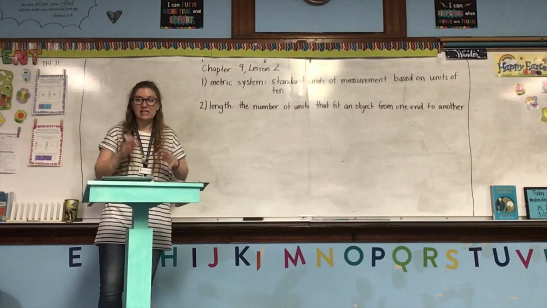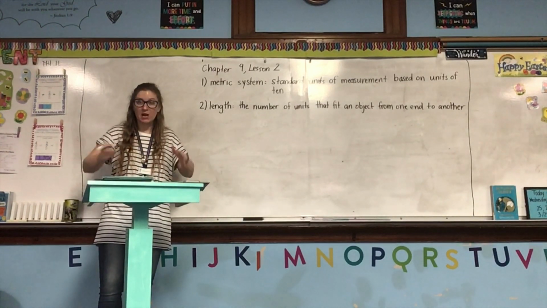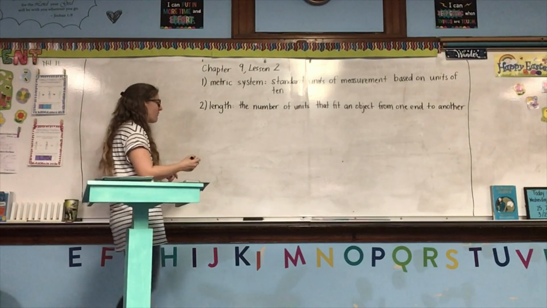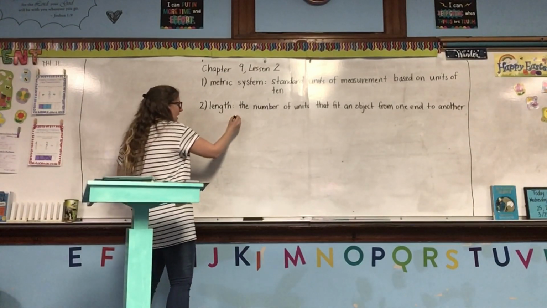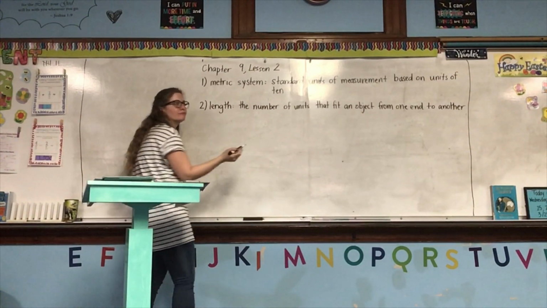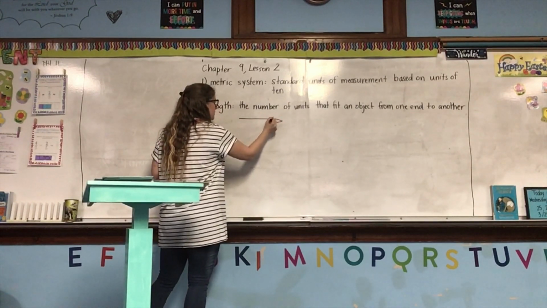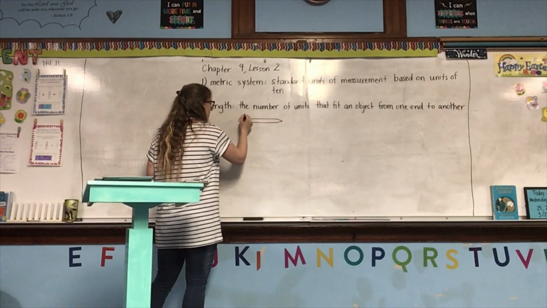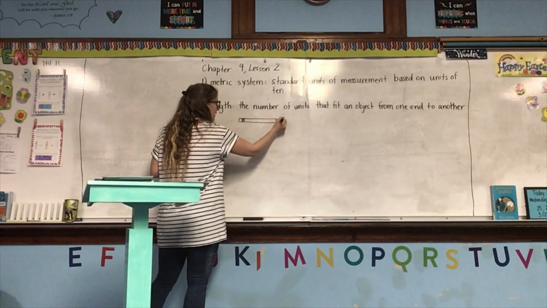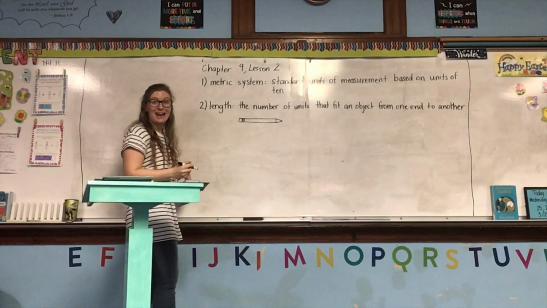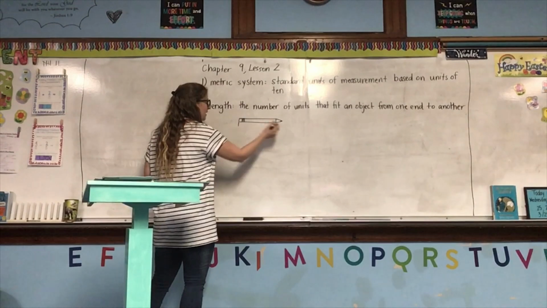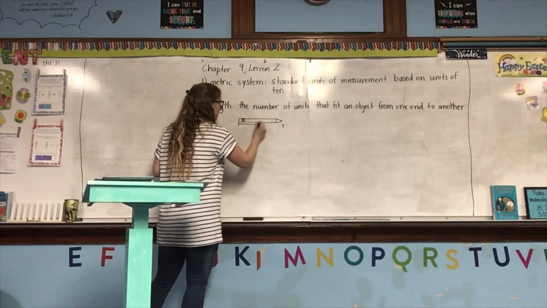Width is the number of units that fit across. So not from one end to the other, but say you have a pencil. Here's the eraser. Here's the tip. The length is from here to here.